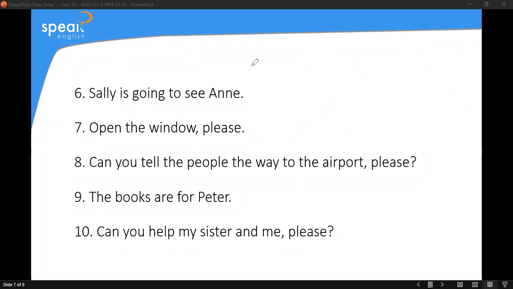So what is the verb in this sentence? See. So what is the object? Excellent. So what is the object pronoun?